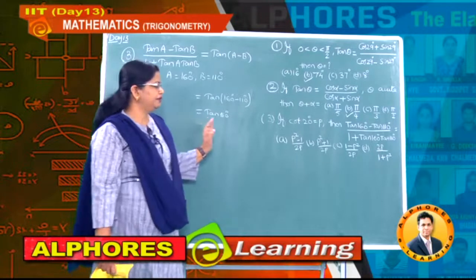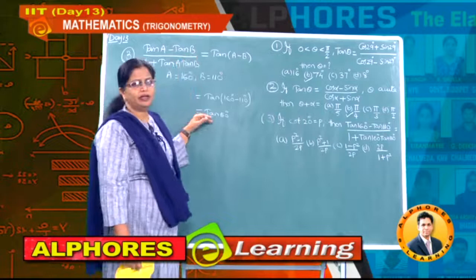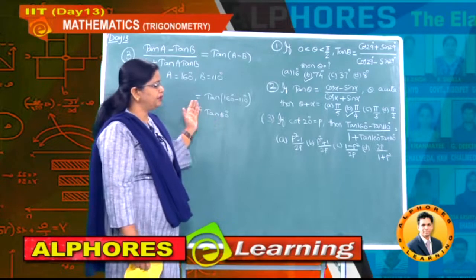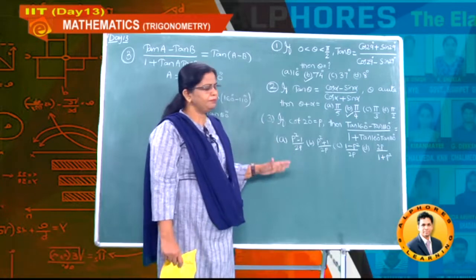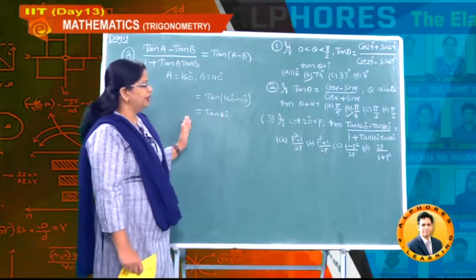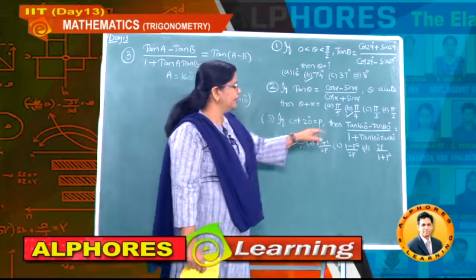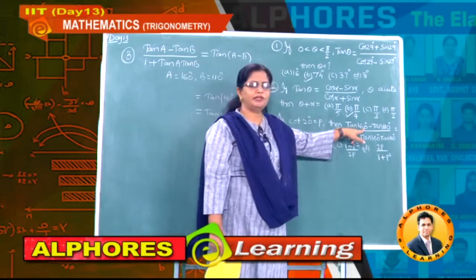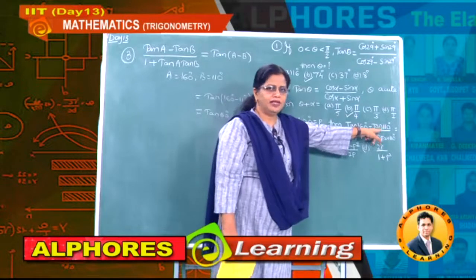That's why, whenever you get a problem like this, you can use the formula, but you have to notice which method is the best method. Here, using the formula will be complicated. Instead, just write cot 20 is P, and write 160 as 180 minus 20, and 110 as 90 plus 20.